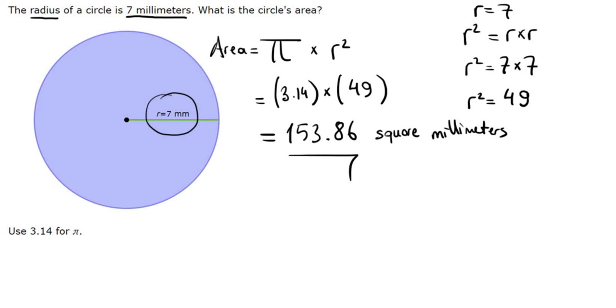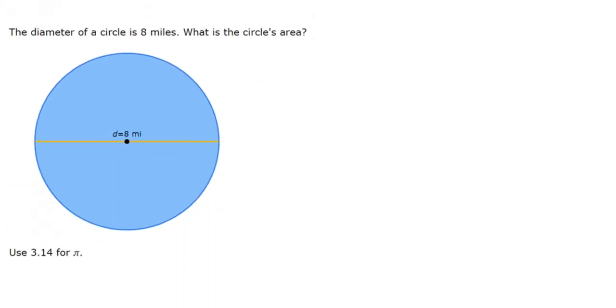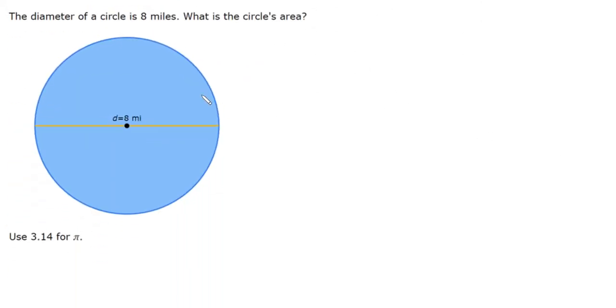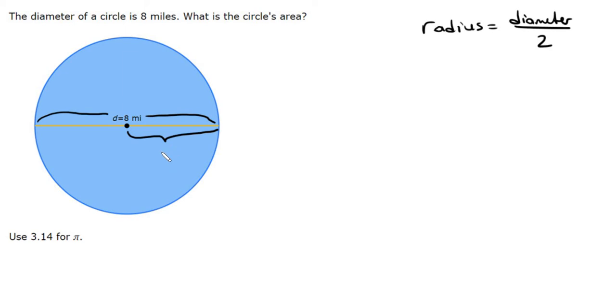For the next one, in this example the diameter is given. If the diameter is 8 millimeters, then the radius is always the diameter divided by 2.